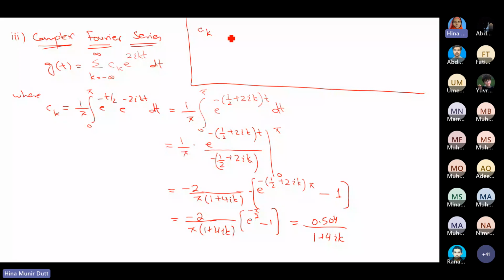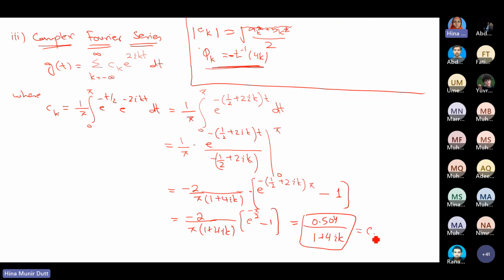This is c_k, and then I will calculate its magnitude |c_k|, and then I will calculate this angle, phase of c_k, which is actually the same, tan inverse of minus 4k. या आप जैसे कैलकुलेट करेंगे, now you have this complex number, अगर आप कैलकुलेट करेंगे तो आपके पास यही आंसर आएगा.